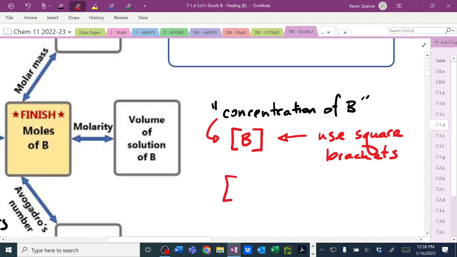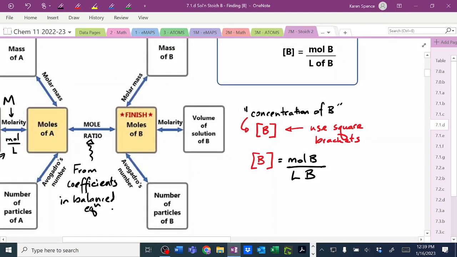My concentration of B, what is concentration measured in? Moles of B over liters of B. Guess what you have just found?